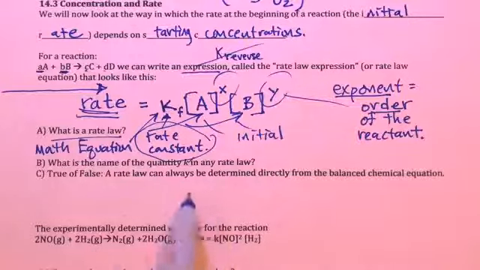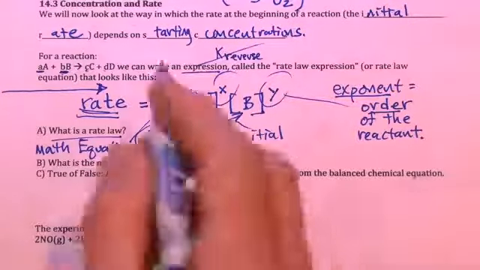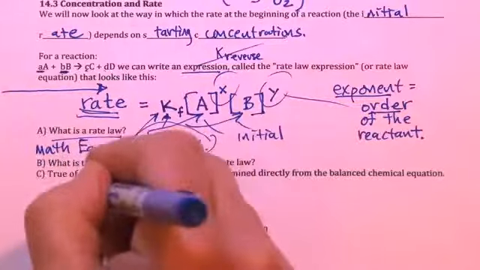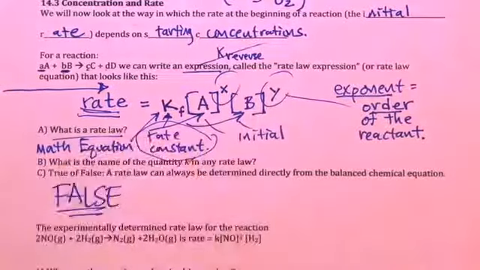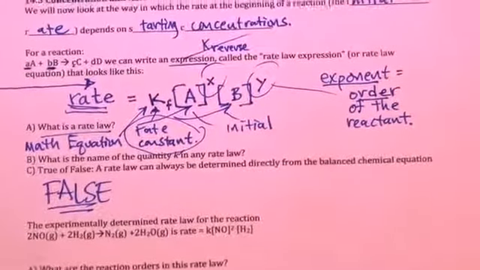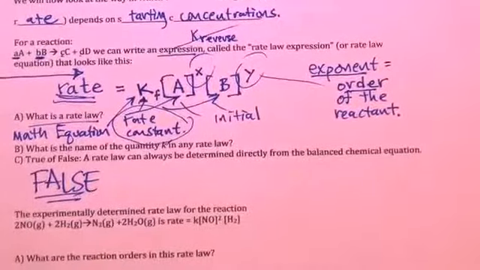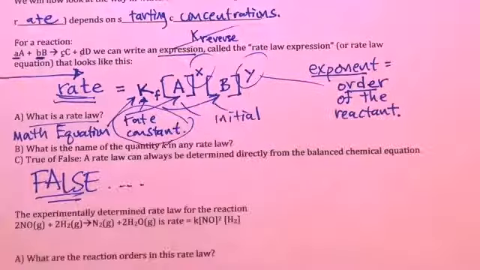True or false, a rate law can always be determined directly from the balanced chemical equation. False. You can never for sure determine what the rate expression is from the balanced chemical equation. Now there is a way to determine it for some equations, but hang on to that thought until the very last part of the chapter.